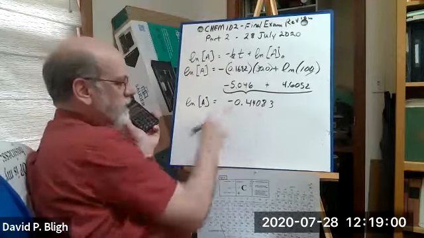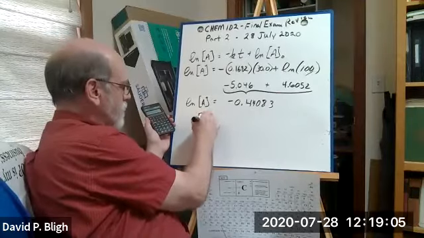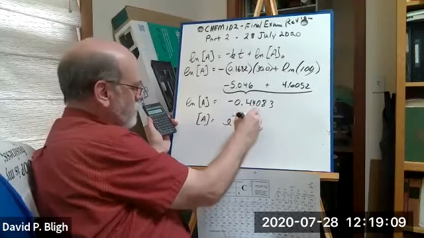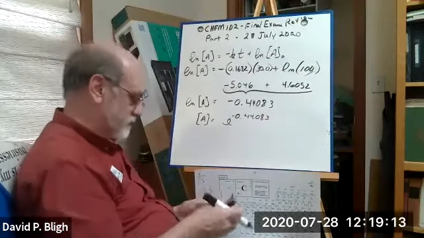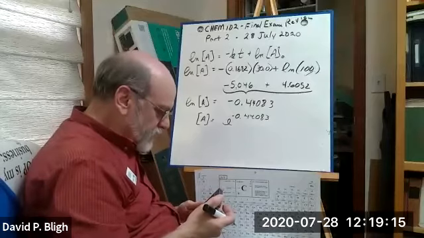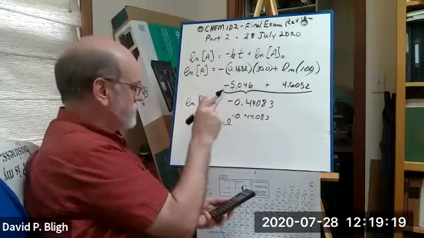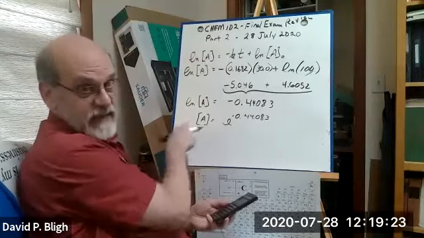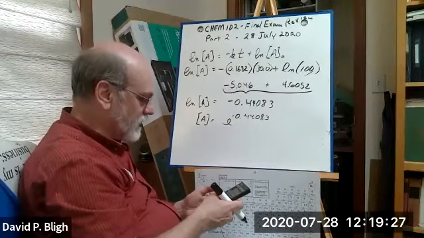So how do we find what A is? Well, A is equal to E to the minus 0.44083. Now, if I didn't make any mistakes, let's see. I need to take that value as a power of E. So in my calculator, where is it?